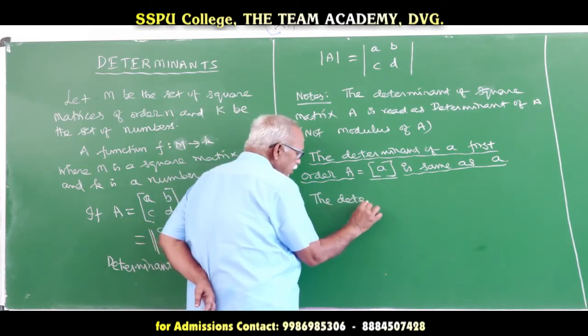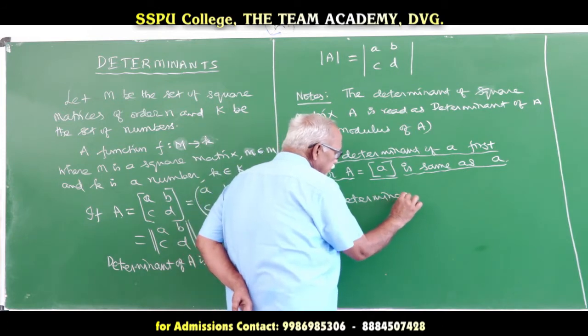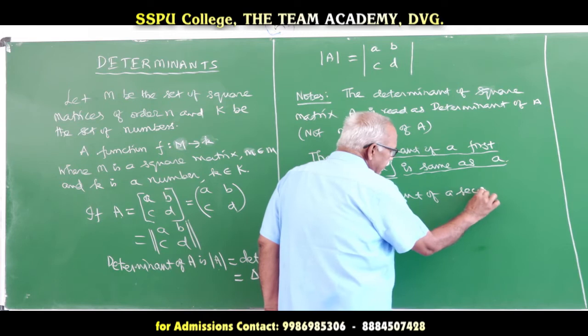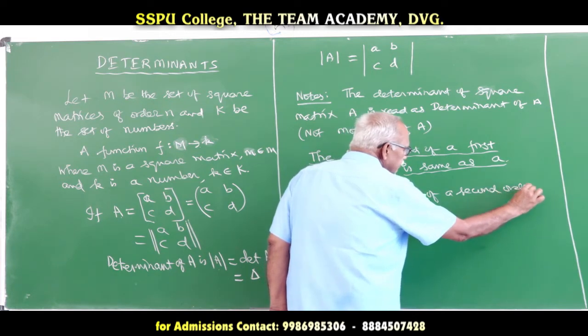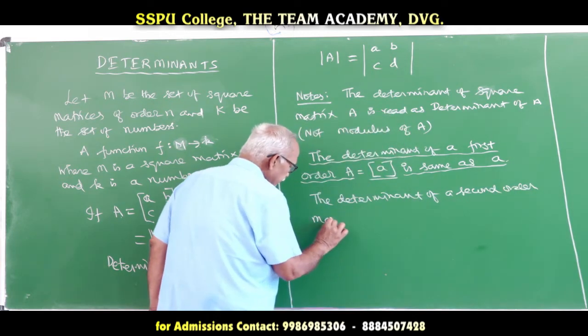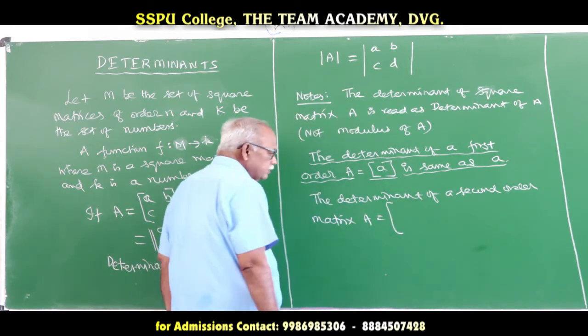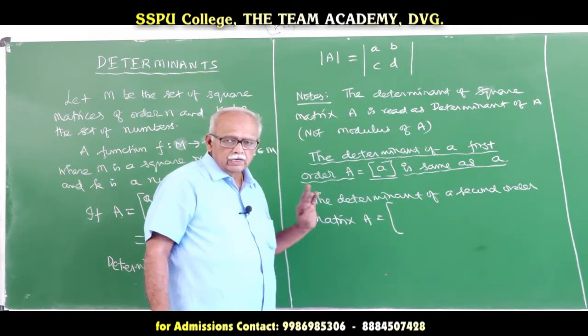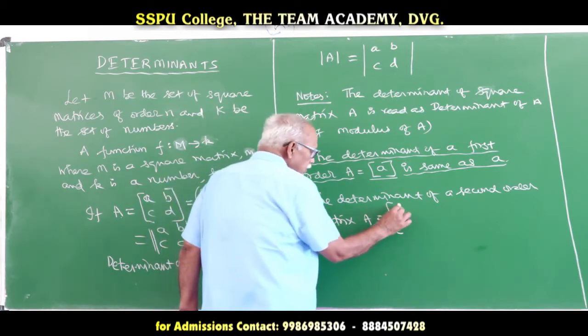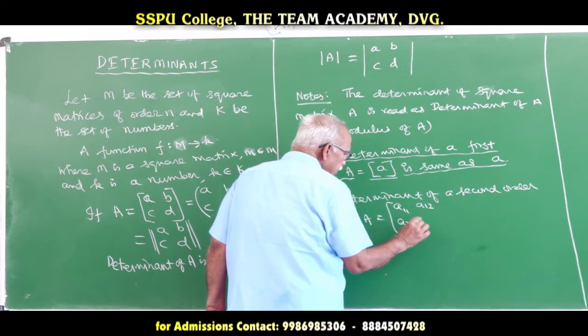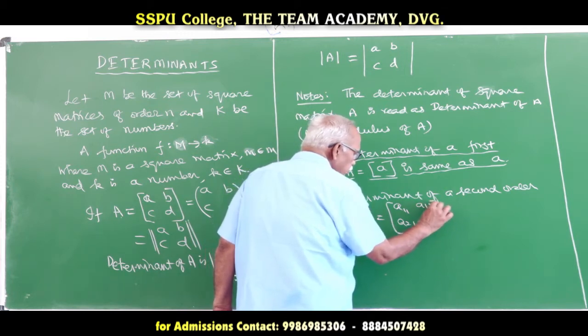The determinant of a second order matrix. I will write a second order matrix A is equal to a11, a12, a21, a22.